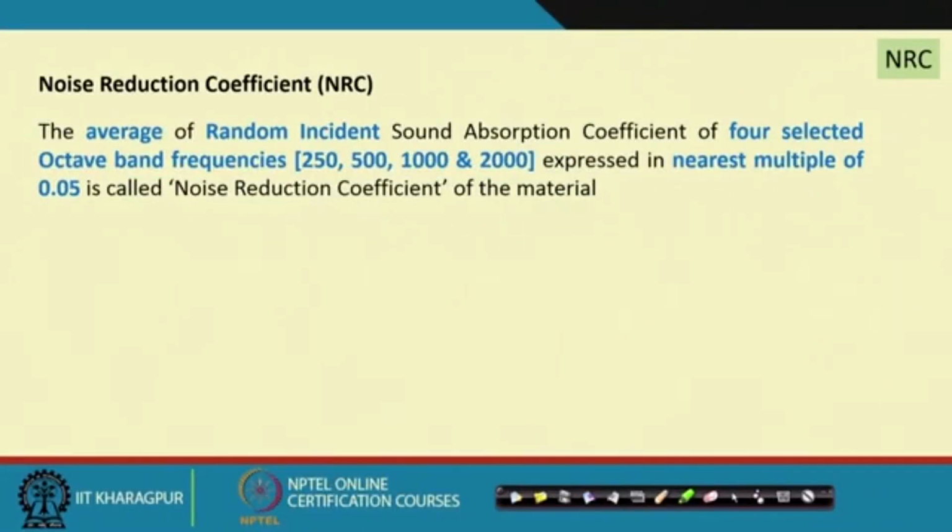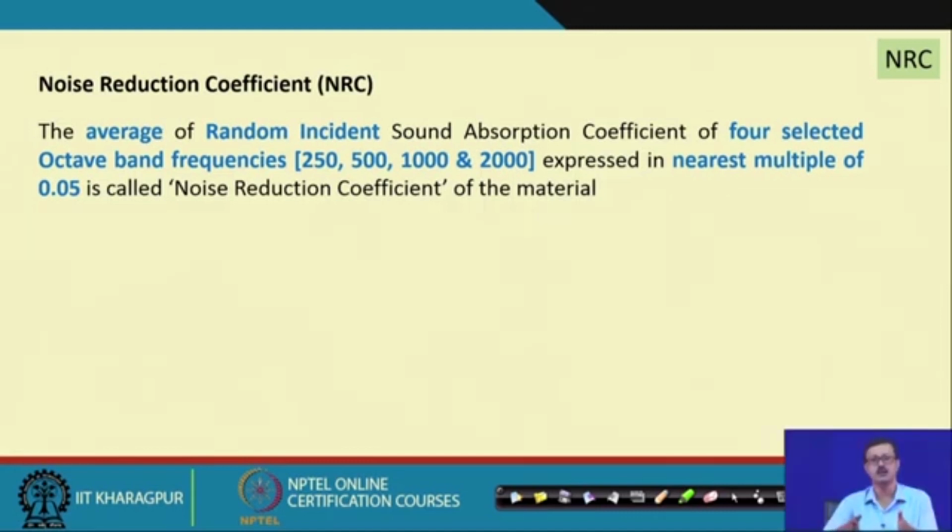What we did here is that this average random incident absorption coefficient, alpha bar, is calculated for 4 selected octave band frequencies: 250, 500, 1000 and 2000 hertz.